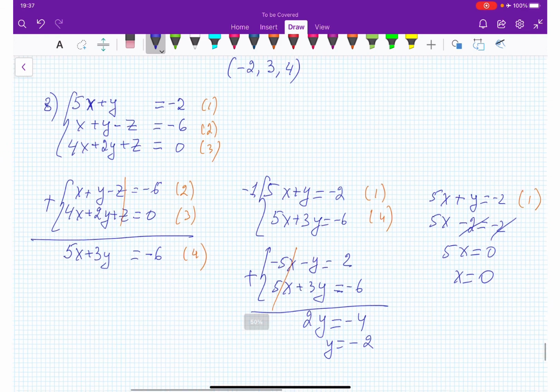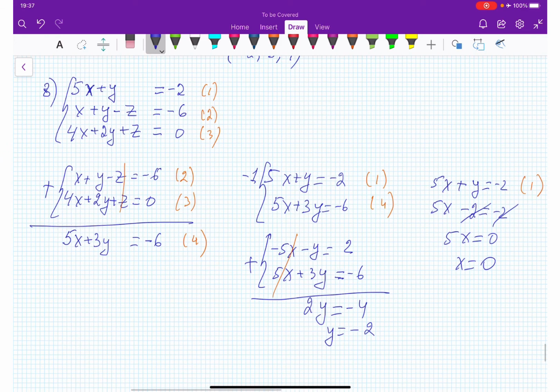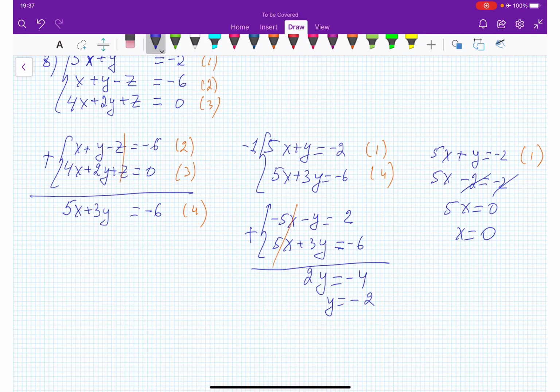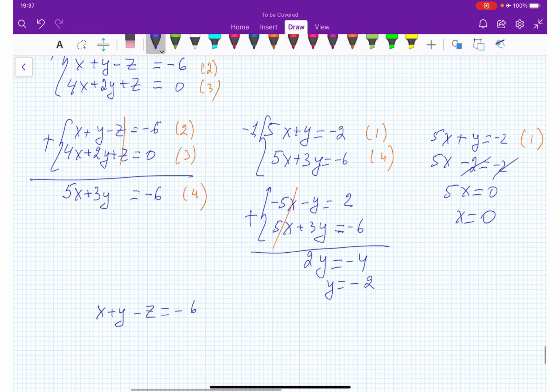Now where are we going to plug? I'm choosing number 3. No, 2 is better, because x and y don't have any coefficient. So let's do it. X plus y minus z is equal negative 6. This is number 2.